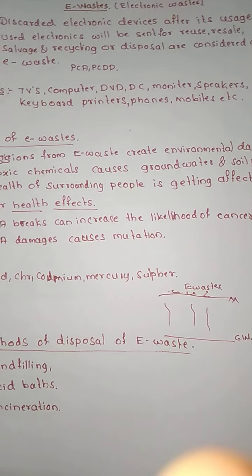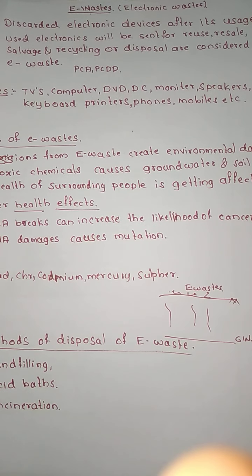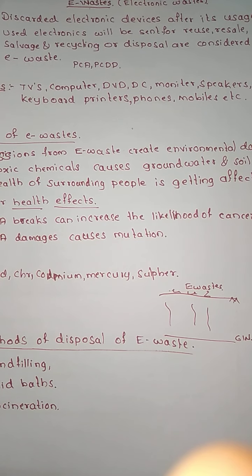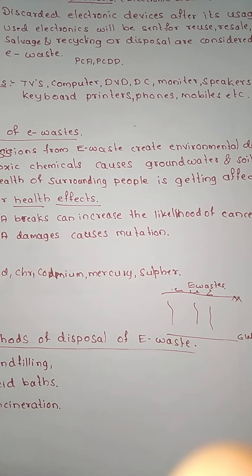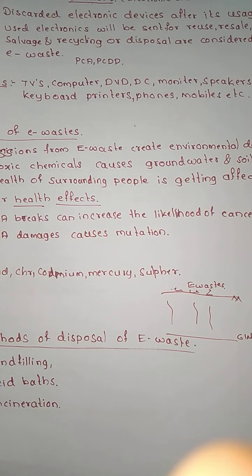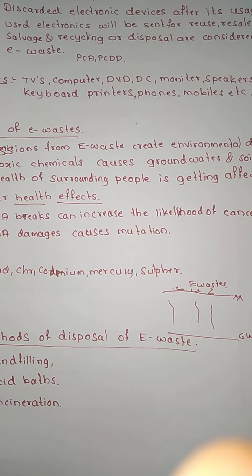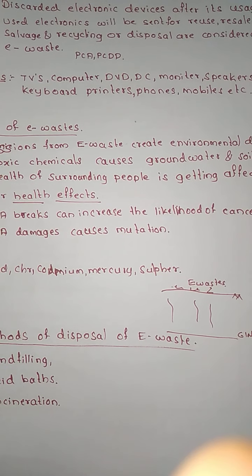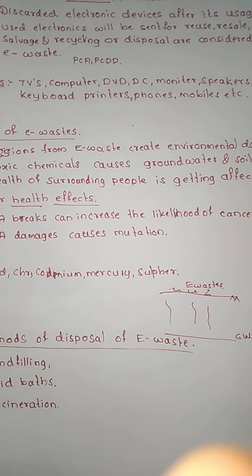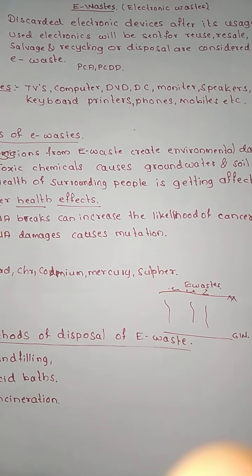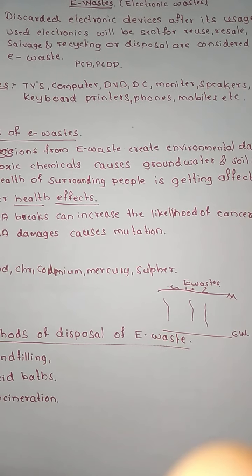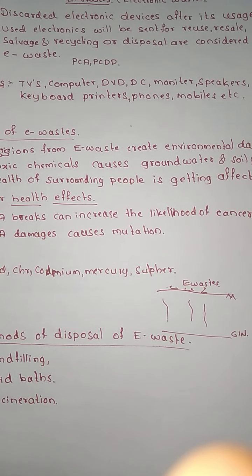As the population increases, we throw more. For example, one person will have at least one mobile nowadays. After 3, 4, 5 or 6 years, that material will be thrown away. Many people use such electronic instruments.